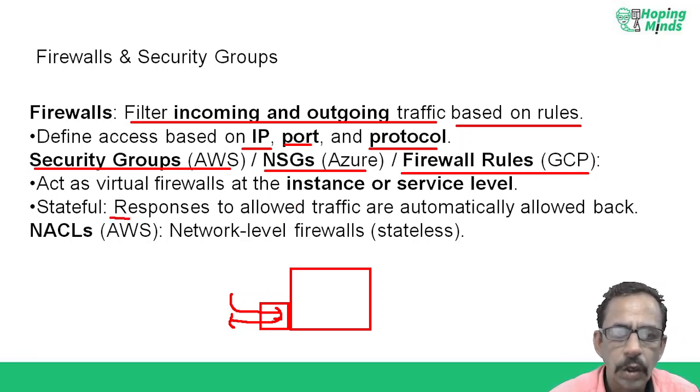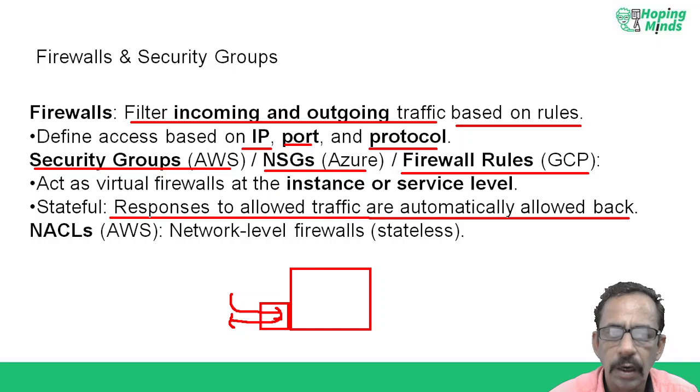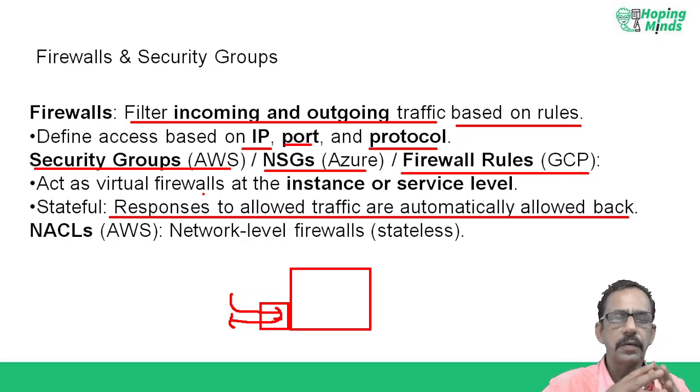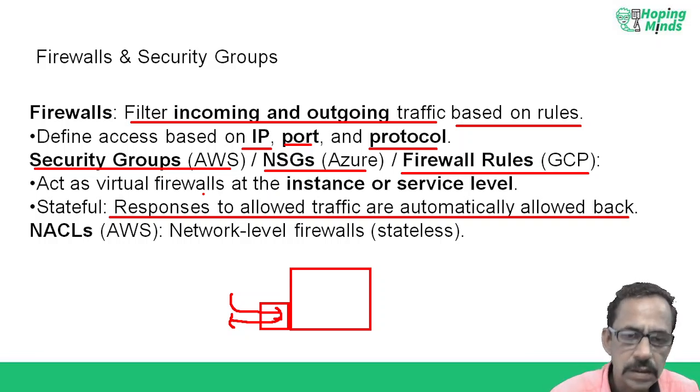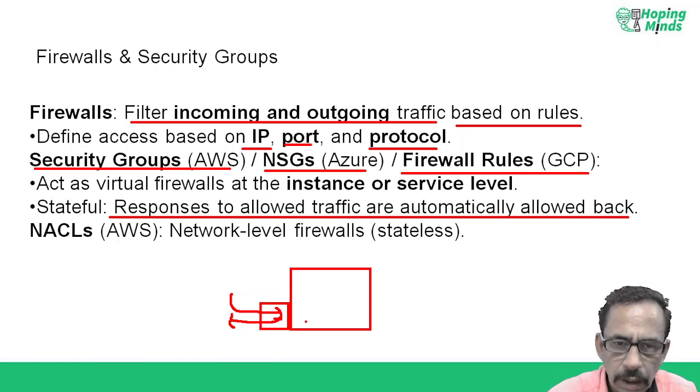Stateful responds to allowed traffic and automatically allows the return traffic. Normally when you talk about the firewall, two terms come: stateful firewall and stateless firewall. Stateful means if I say to the guard that one is coming in, he is allowed to go out also.